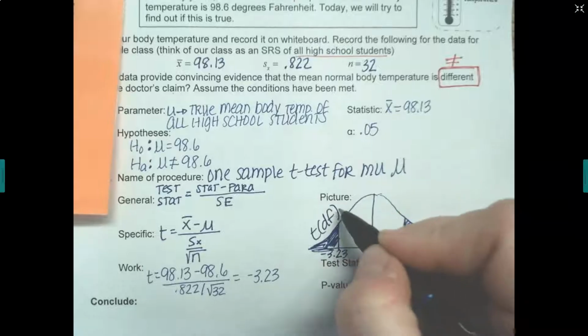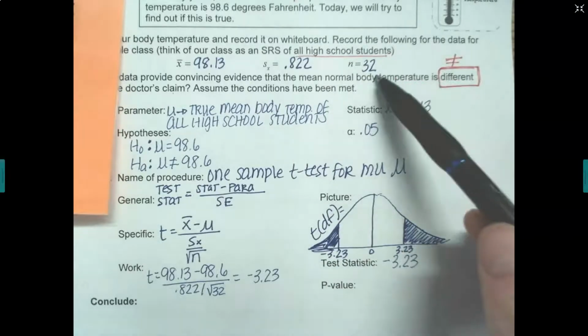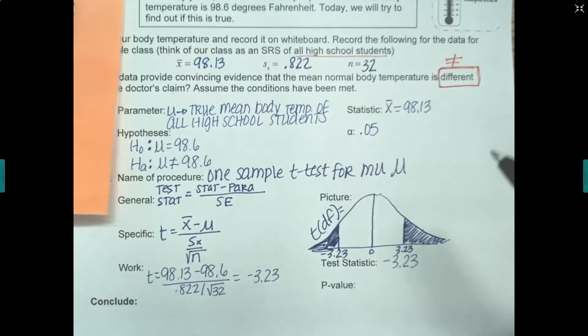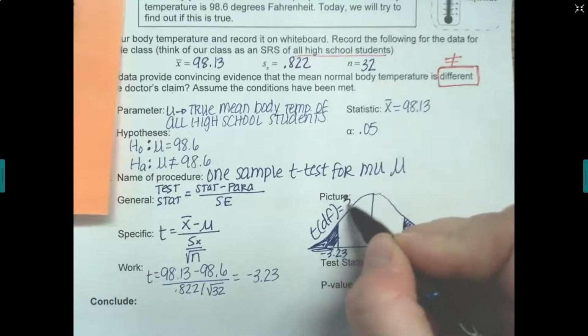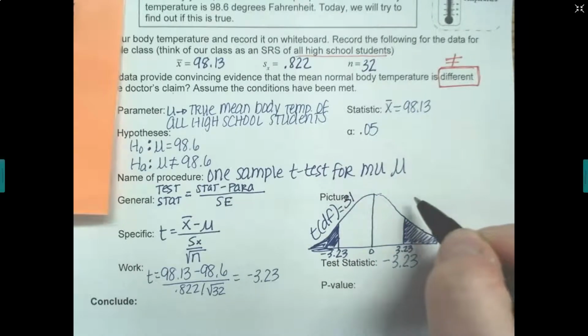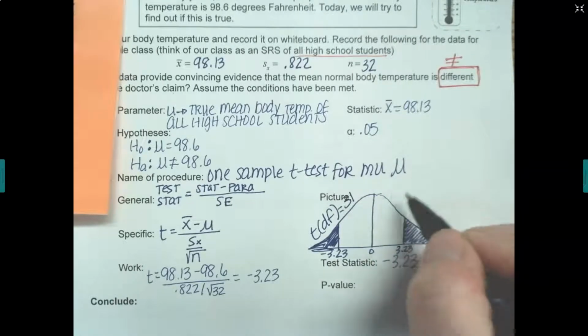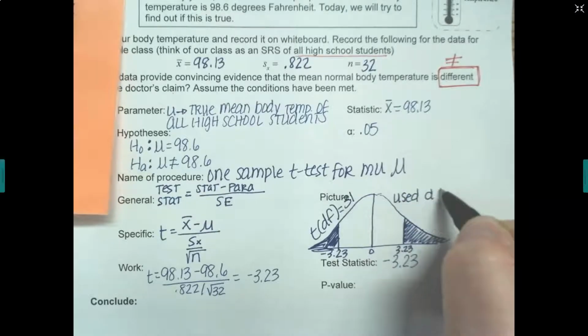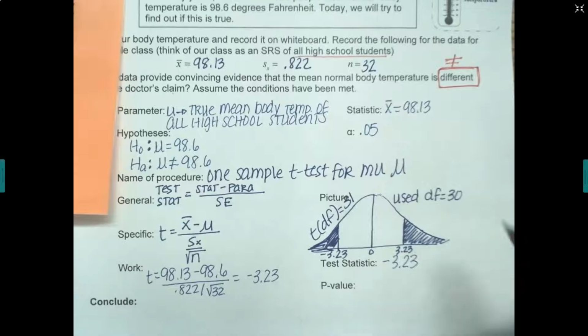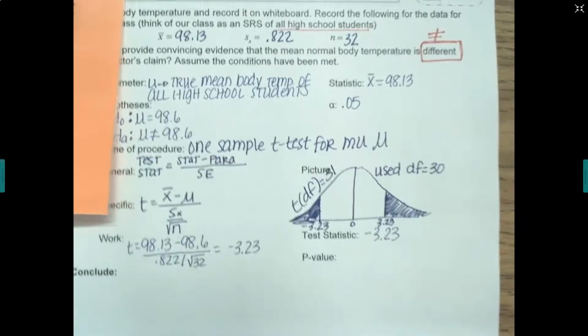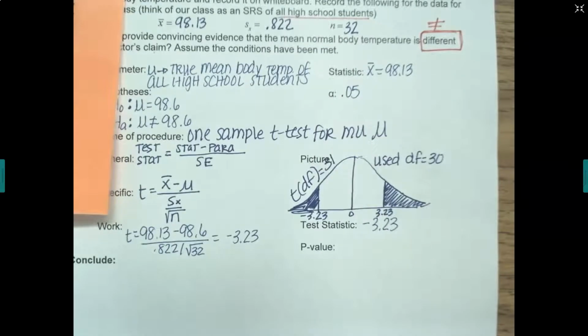This is a sample size of 32, so it would be a degree of freedom of 31. If you're using the table, 31 is not on the table, so we're going to use the degree of freedom of 30 because that's what's on the table. If you're using the calculator, you can use 31. We'll look at the calculator in a minute.